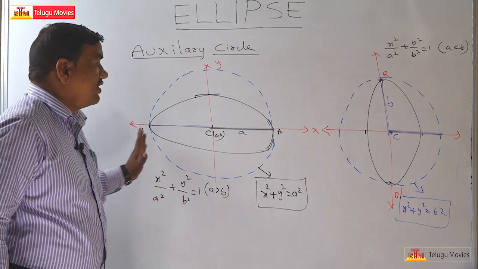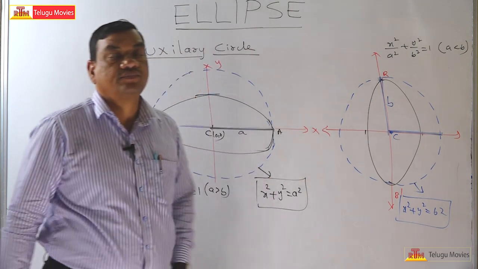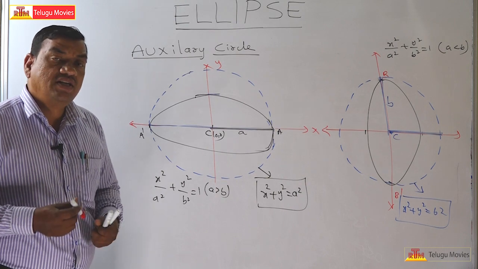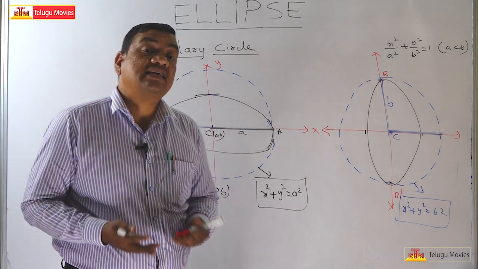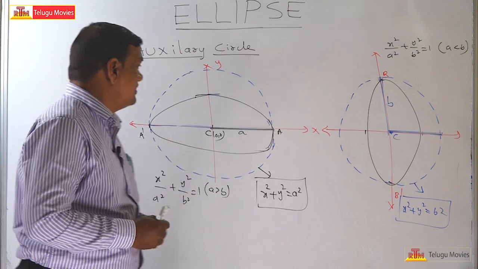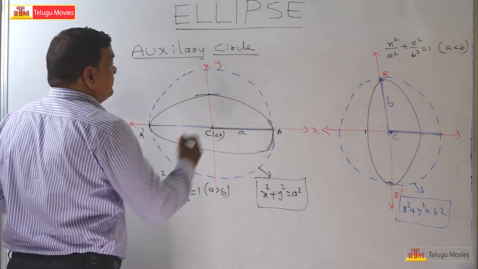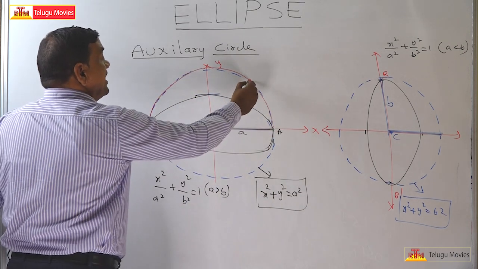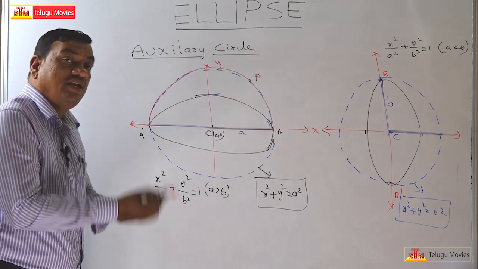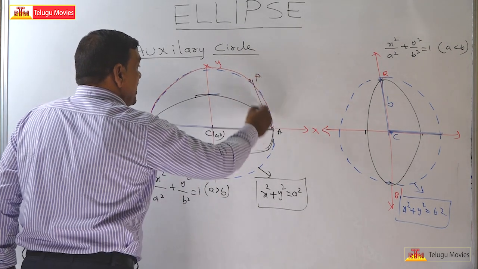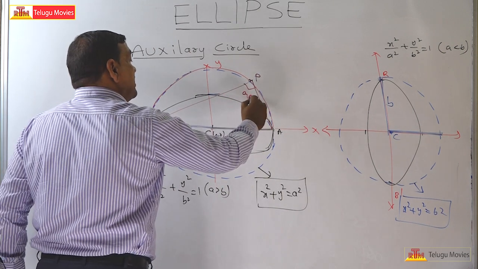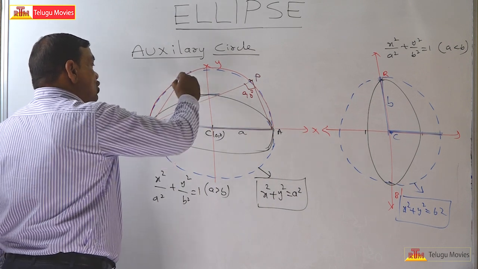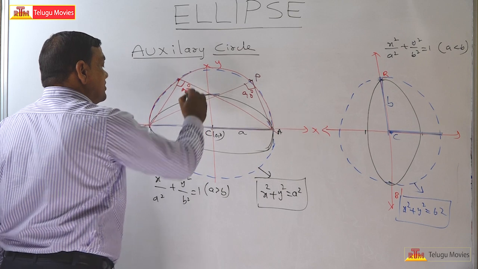So, this is one auxiliary circle, another auxiliary circle. From this auxiliary circle, we have one important property. What is the property? We know that the angle in a semicircle is 90 degrees. That means, take any point on this semicircle, point P, and join PA and PA dash, here the angle is 90 degrees.